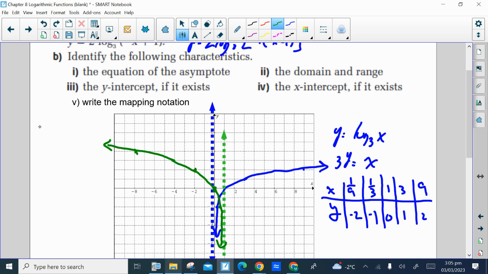Part 1, the equation of the asymptote will again be x equals 1. Part 2, our domain. That'll go from negative infinity to positive 1. Our range will go from negative to positive infinity.